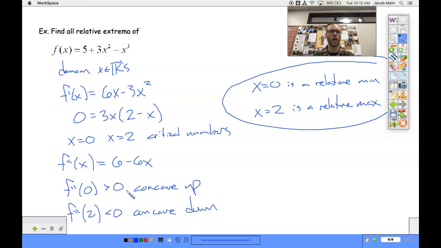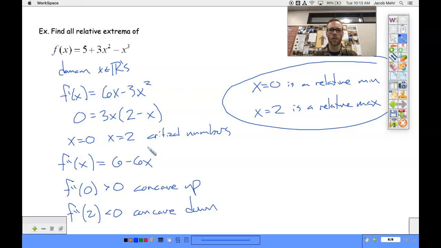Now, I do want to say this here. Is the second derivative test always better than the first derivative test? And the answer is no. When I want to determine if a critical number is a minimum or maximum, I look at the individual problem and decide, do I want to use the first derivative test or the second derivative test?